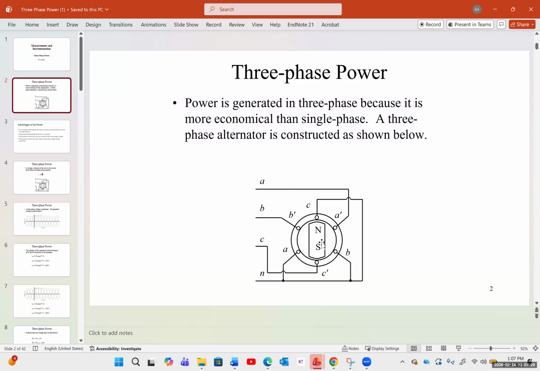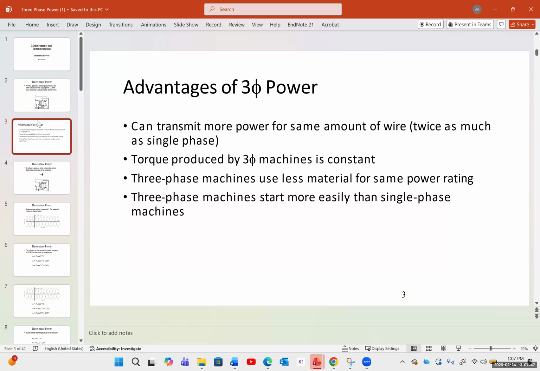This is a simple three-phase machine, and the other side of the connection is A prime, B prime, and C prime connected. Now, the reason that we even use the three-phase system is because of the major advantages that it gives us compared to a single phase.